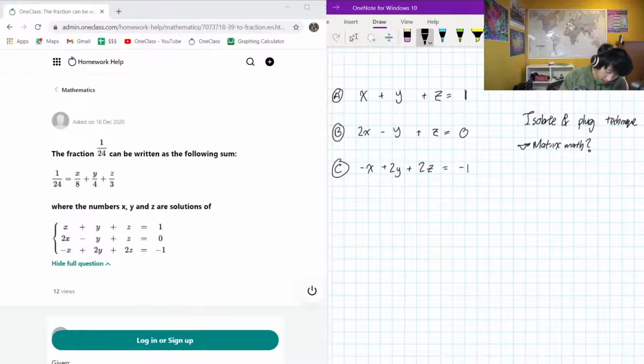Okay, so what we're going to try to do is take an equation and isolate one of the variables. So let's do equation B because we have equals 0 on the other side. So that's going to be a little bit easier to deal with. So equation B, we want to isolate one of the variables.